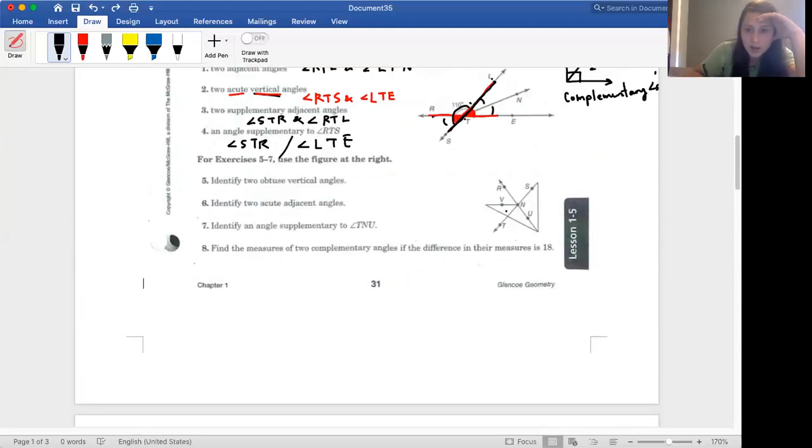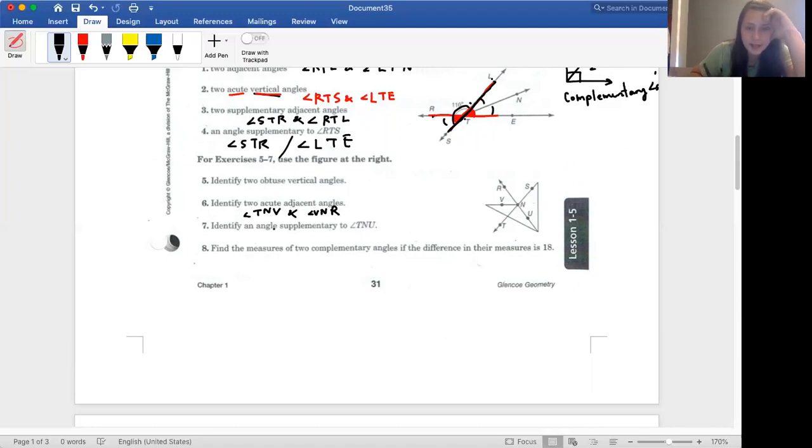So I could say TNV and VNR, as long as they're touching and they share the same common ray in the center.